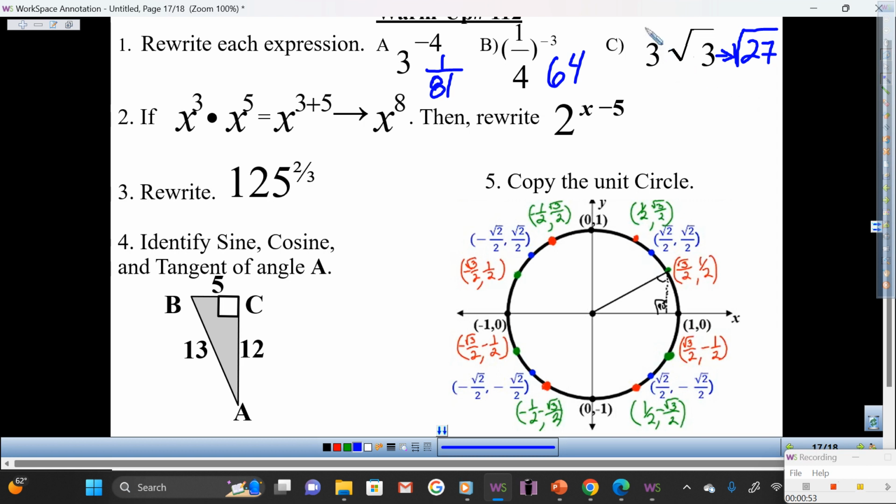That is correct. This 3 was inside before it came outside. What was it before it came outside? It was square root of 9 times 3. Square root of 9 times 3 is 27. Number 2. What'd you get for number 2, Joel?